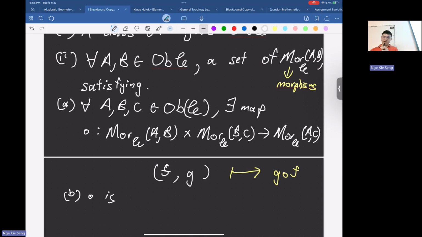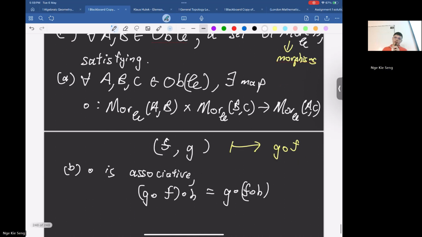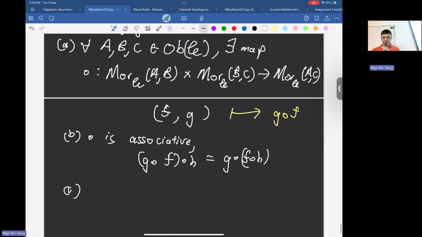It should be associative. So meaning what? Doing G∘F and then H is equivalent to doing F first and then H∘G. What else do you know? Identity function. So we should have a guy called identity here. For every A in your objects, we should have an identity morphism.